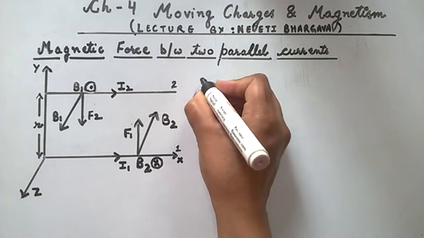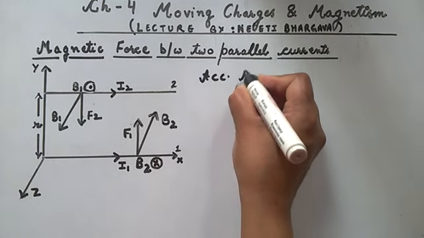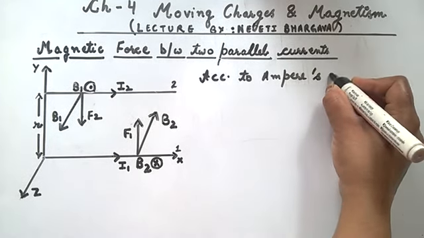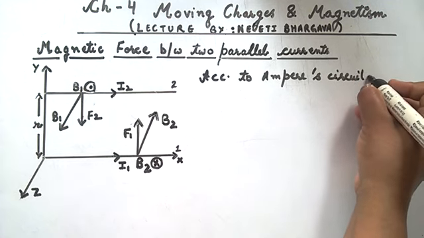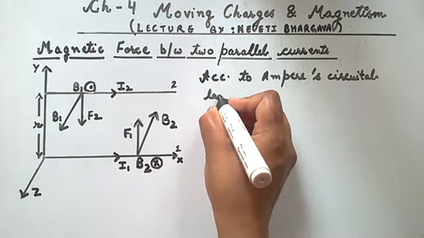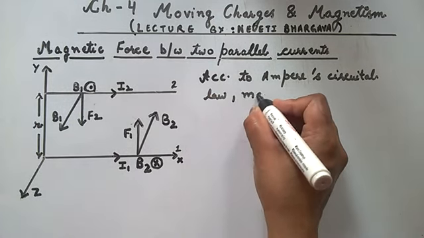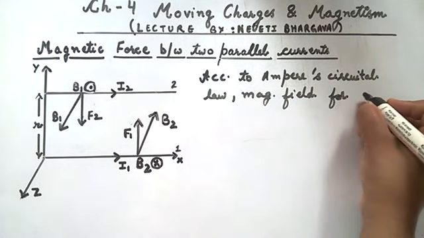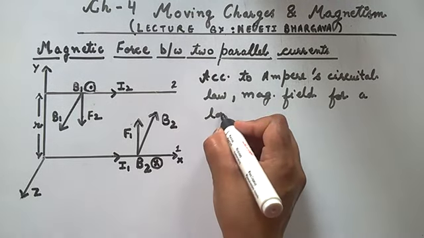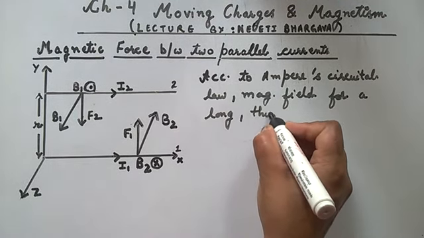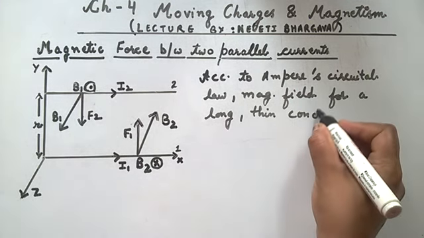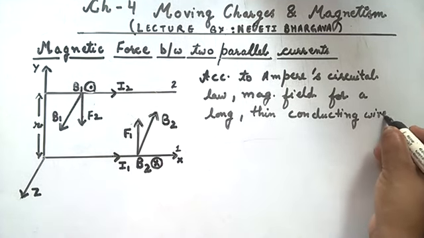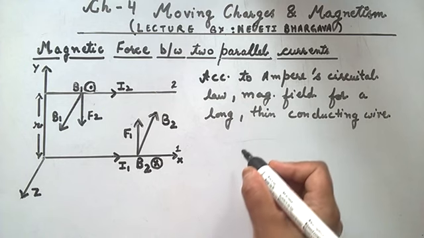Now, as we have studied, according to Ampere's circuital law, the magnetic field for a long straight thin conducting wire is given as B equals mu naught I upon 2 pi r.